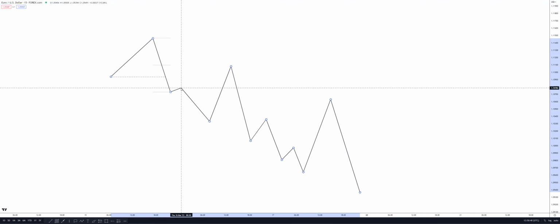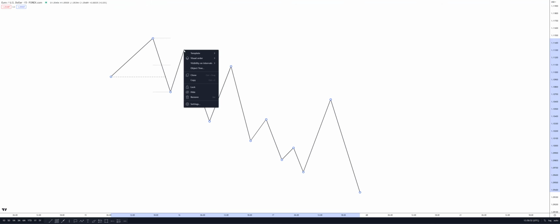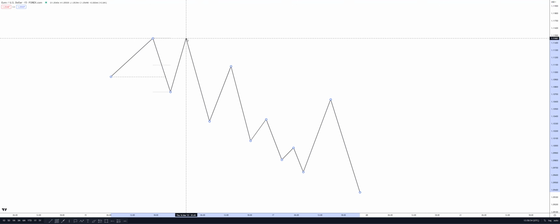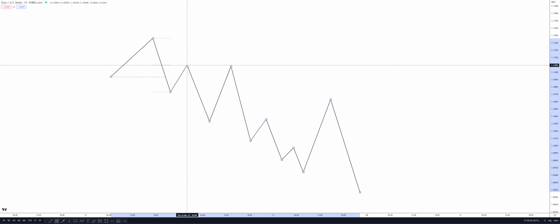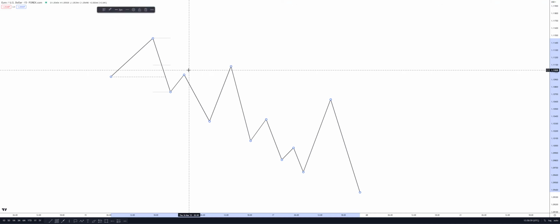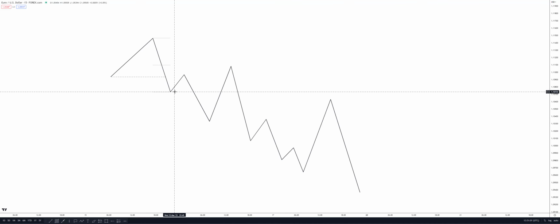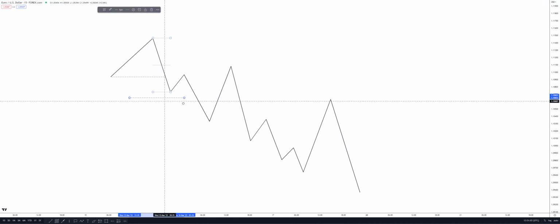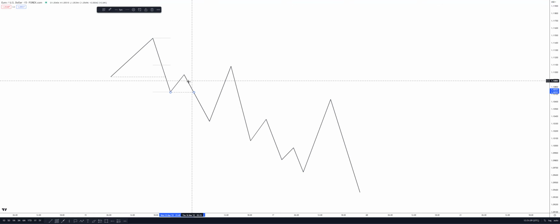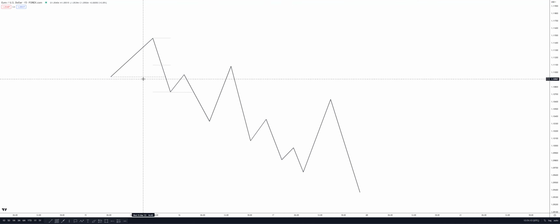Whether that pulls back to here, or here, or right to the extreme, or to the EQ, whatever, that determines what kind of structure is next formed. If you look at structure mapping part 2, the video, I'll go into this probably in more detail.